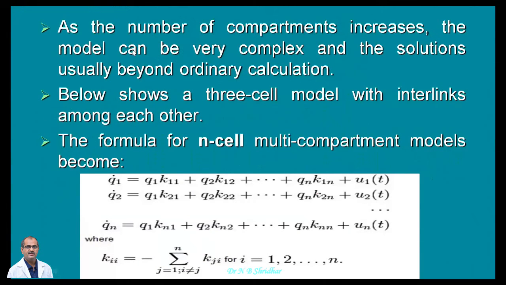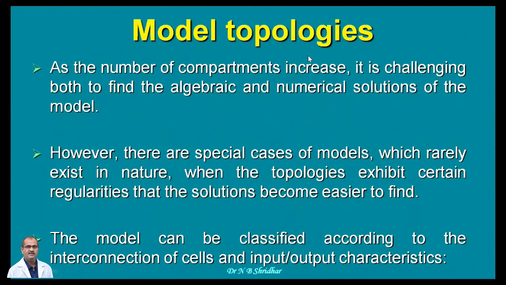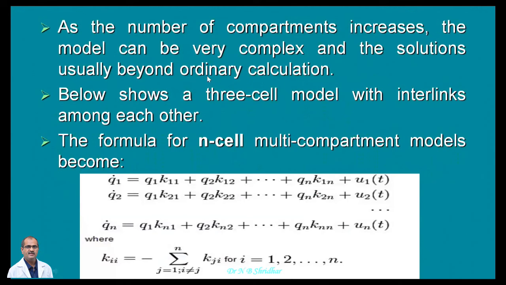So once again, as the number of cells increases, the model can be very complex and the solutions usually beyond ordinary calculation. Totally, pharmacokinetics is a calculative process, and below shows a 3-cell model with interlinks between each other.